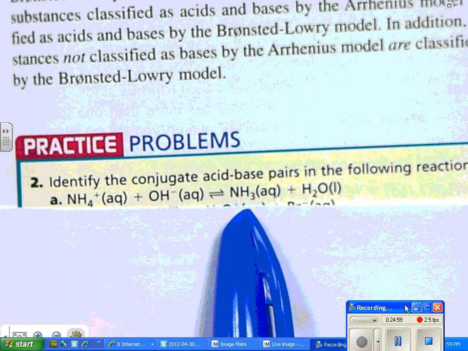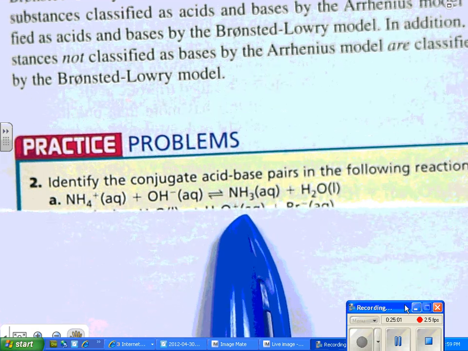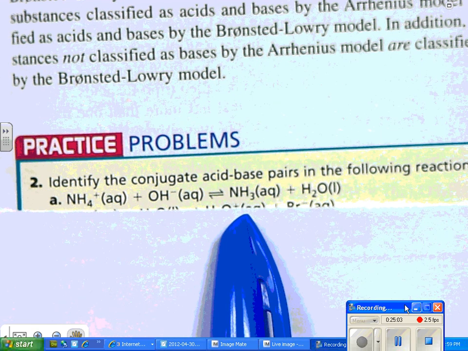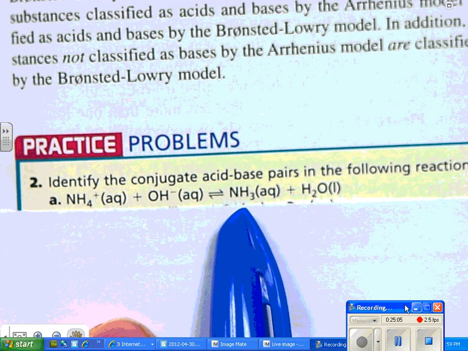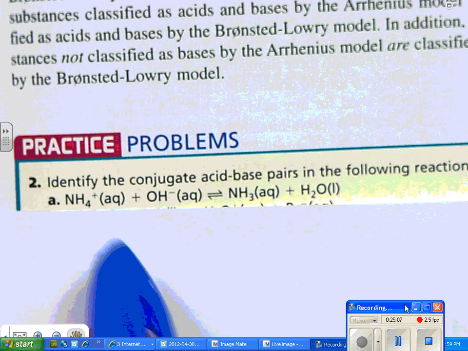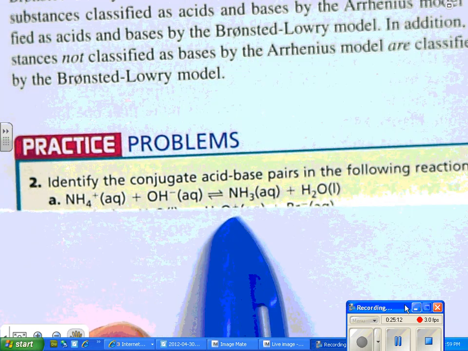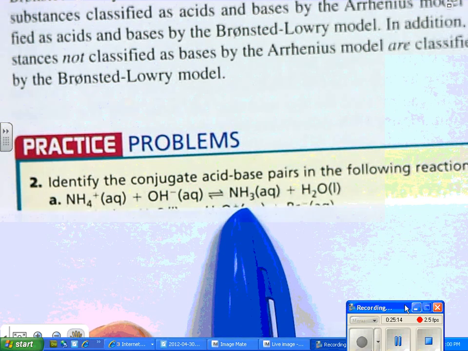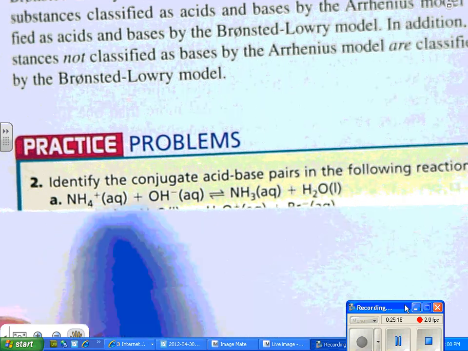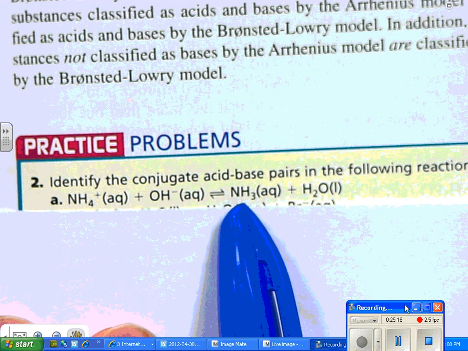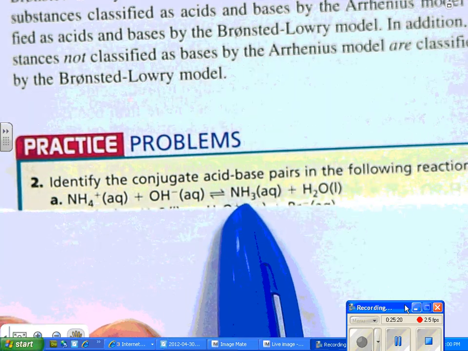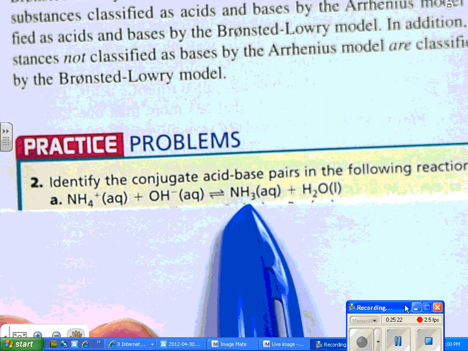If it lost one, it has to be an acid, because in Bronsted-Lowry the acids are the proton donors. So what's our conjugate acid-base pair? Ammonium ion and, no, the acid-base pair. This one's the acid, this one's the conjugate base. Okay, so that's the pair they're talking about here.